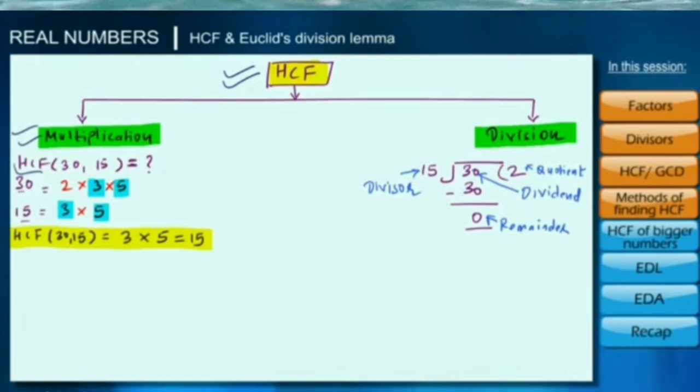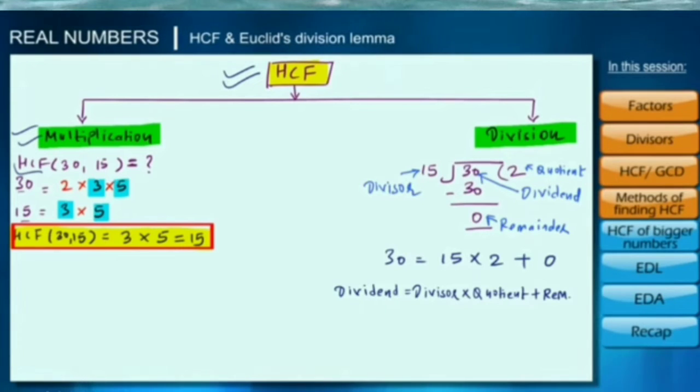Now if you observe, 30 can be written as 15 into 2 plus 0. In another form we can write it as dividend is equal to divisor into quotient plus remainder.